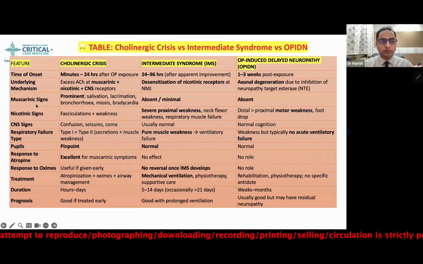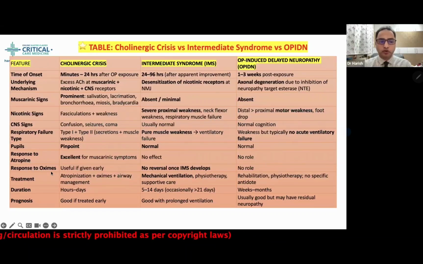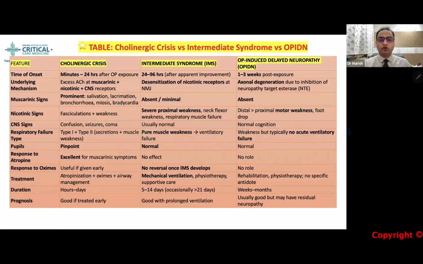So underlying mechanism, muscarinic signs, nicotinic signs, CNS signs, respiratory failure, type of the respiratory failure, pupil, response to atropine, response to oxime, treatment option, duration, which is going to persist, prognosis. So all these things are very, very important subheadings when you answer the difference between intermediate syndrome, cholinergic crisis, and OP-induced delayed neuropathy. So I'm not going to read out all these things. Just go through this important table. Very, very, very important. Okay.